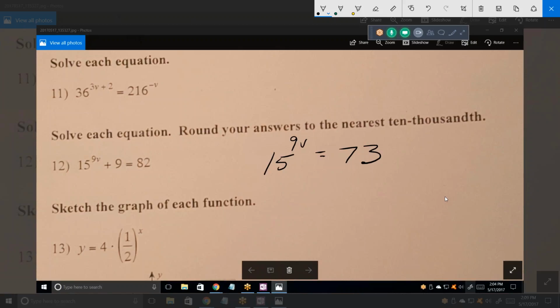That means we cannot use the previous method. The only way to solve it is with logarithms. All right. And typically, when you have this kind of an equation, the best way to proceed is just to take the natural log of both sides. Remember that step. That's a key step. Now, what does that allow me to do with this 9v? Now that this equation is in logarithmic form.